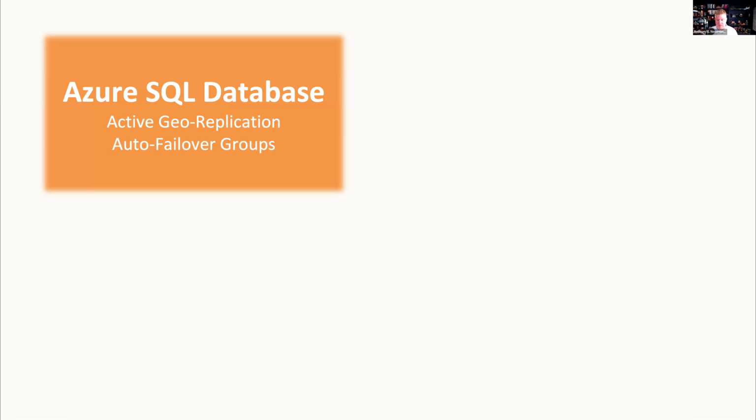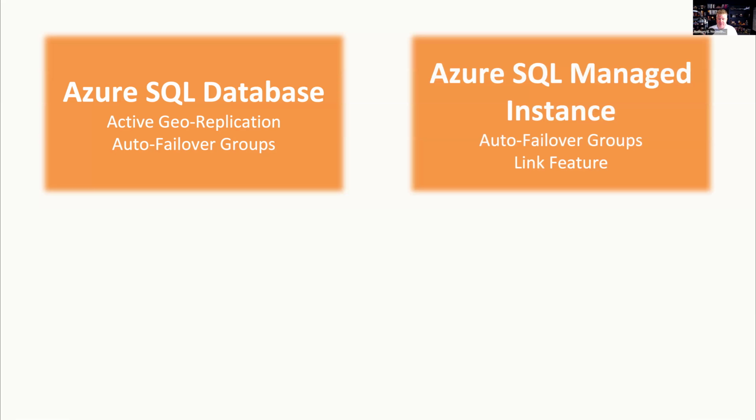I can also have failover groups, which means I can fail over a group of databases between Azure SQL database servers, meaning I can move a group of databases between instances as a group, very much like an availability group in that sense. Now, if I look at something like managed instance, it also has the same idea behind auto failover groups. I can take a collection of databases or a collection of managed instances and move them over at a point in time.